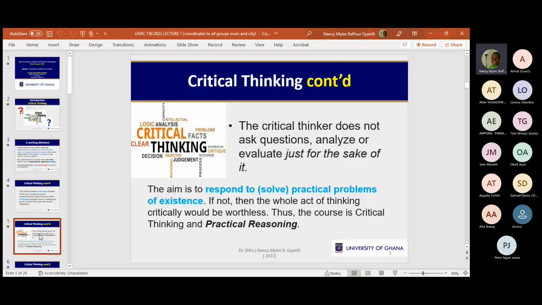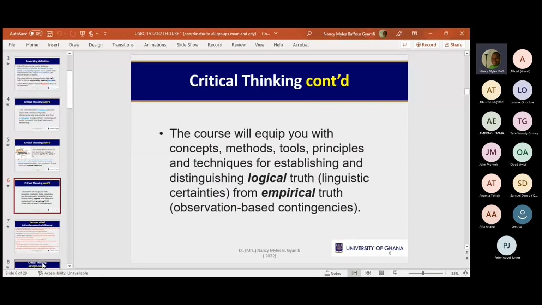The aim ultimately is to help solve practical problems of existence. The only reason why we aim at thinking critically and reasoning practically is to equip us with tools, methods, principles, techniques, and skills that will help us to think critically, sometimes logically or empirically.